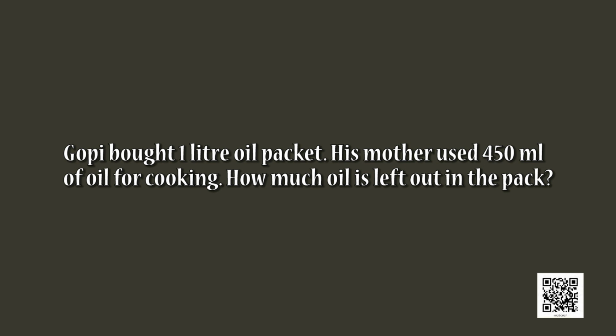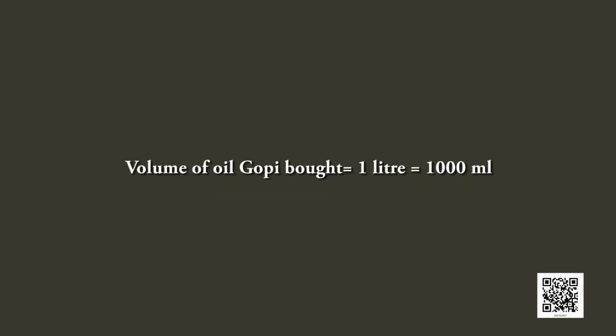Gopi bought 1 liter oil packet. His mother used 450 milliliters of oil for cooking. How much oil is left out in that packet? Volume of oil Gopi bought is equal to 1 liter, which is also equal to 1000 milliliters.